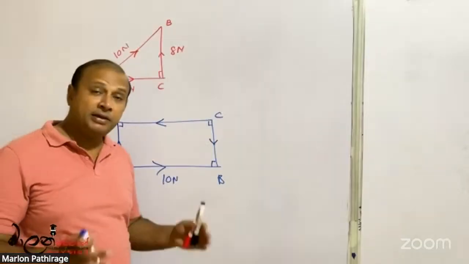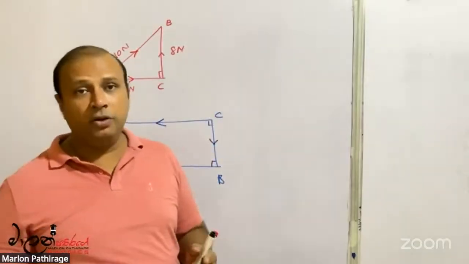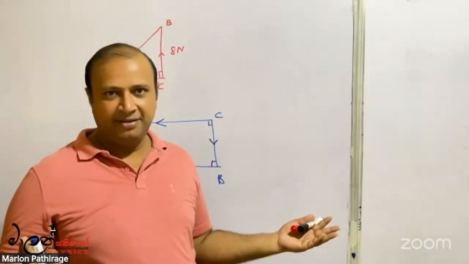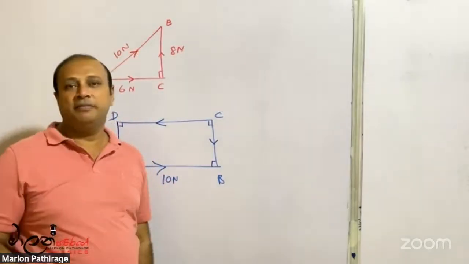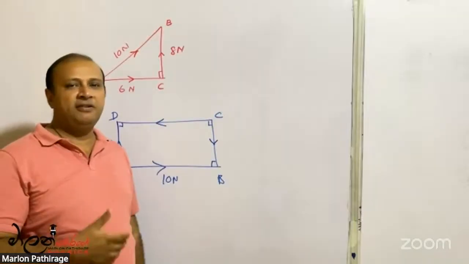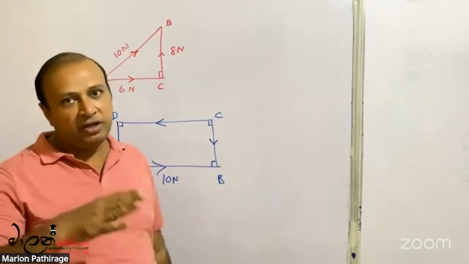No, magnitude. When you are saying magnitude, don't say minus. Magnitude means that is a value only. When you say vector, it means magnitude and direction.